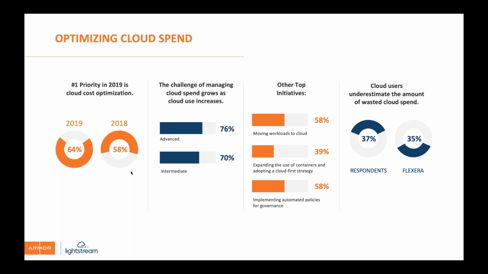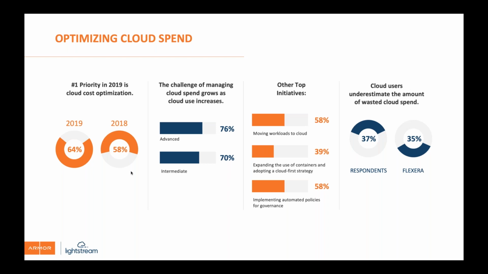And then we start running into this construct of wasted cloud spend. So, when we think about and when we talk to customers, basically a third of users underestimate that amount. And we see that across the board.